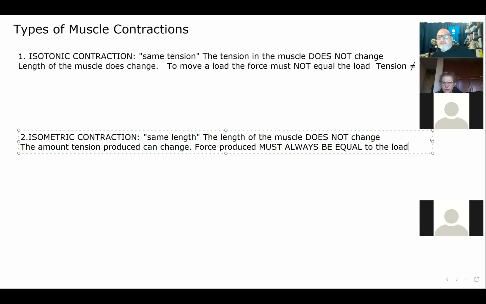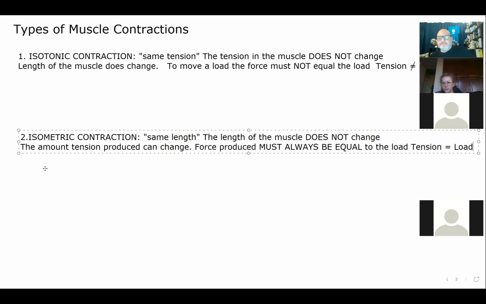So in this case, the tension must equal the load. If the load changes, I have to change the tension. I have to change the force that it's making so that they always are equal. All right.